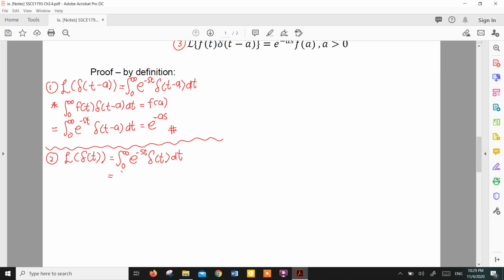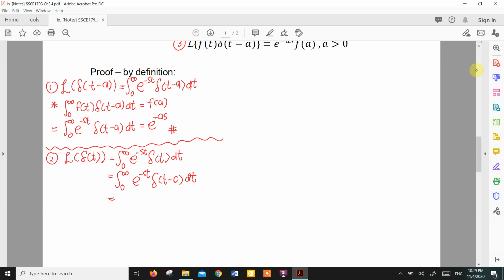So this is equal to e negative st. This t in delta is actually t minus 0, right? So t here is actually equal to t minus 0, dt.